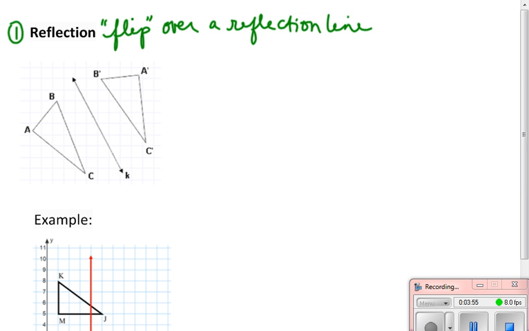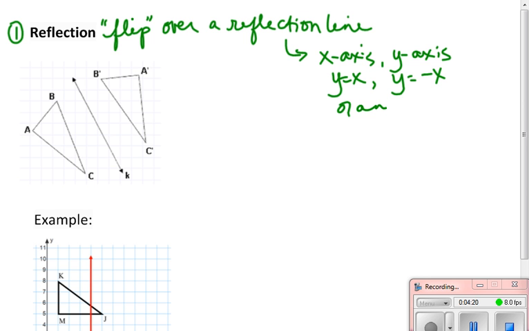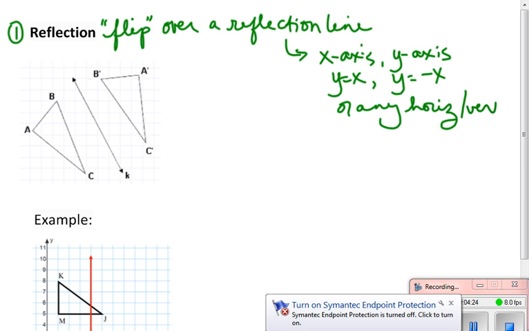Okay, now the reflection line can be any random line, any random horizontal or vertical line like y equals 2, x equals -5, or we can reflect over the x-axis, the y-axis, some special lines like y equals x, y equals -x, or any horizontal or vertical line.